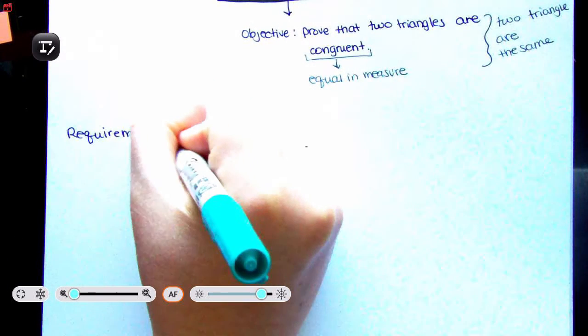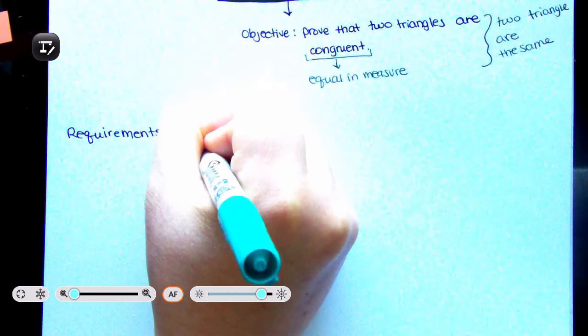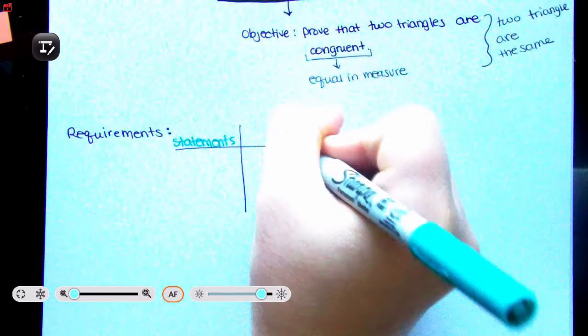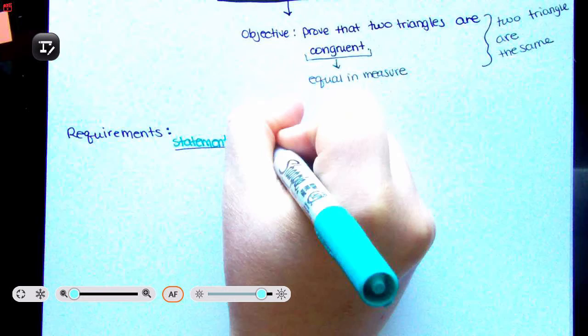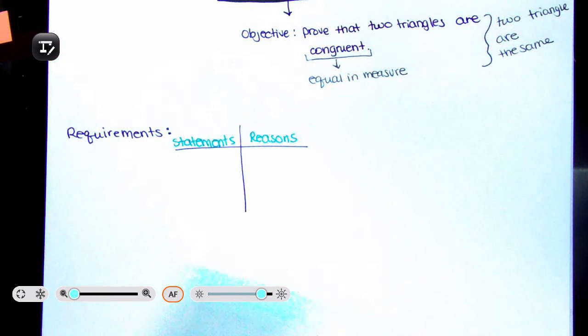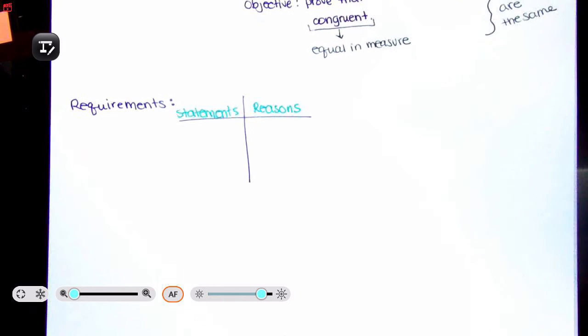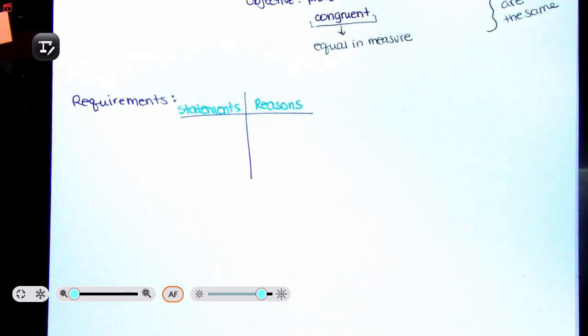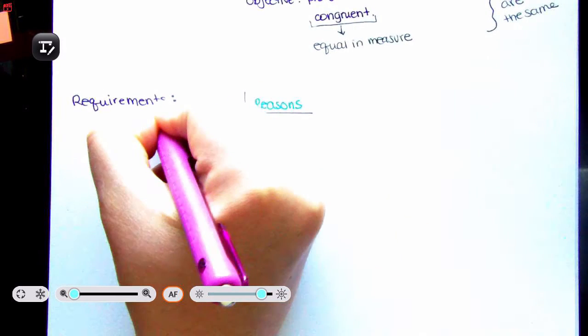On the left-hand side, you're going to write statements. And on the right-hand side, you're going to write reasons. That's your first requirement.